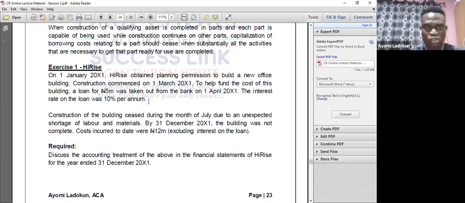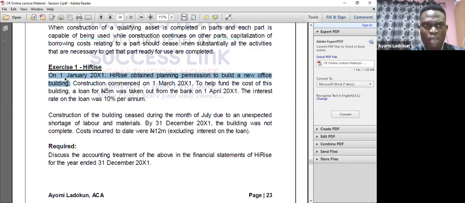an illustration to demonstrate when to commence borrowing costs, when to suspend borrowing costs, and when to cease borrowing costs. On 1st January 20X1, ARAS obtained planning permission to build a new office building.